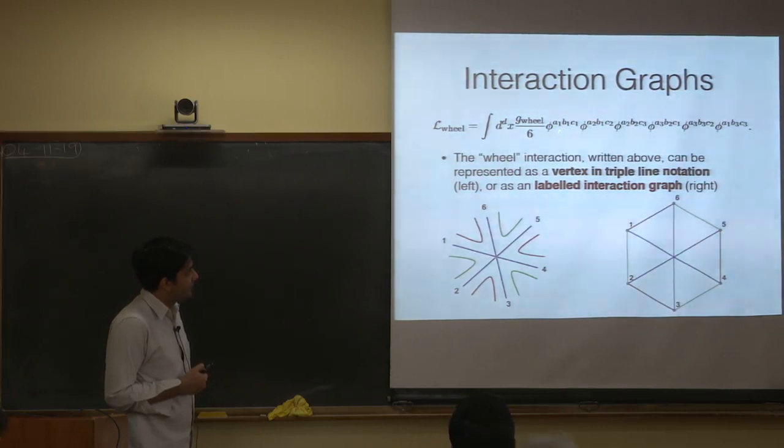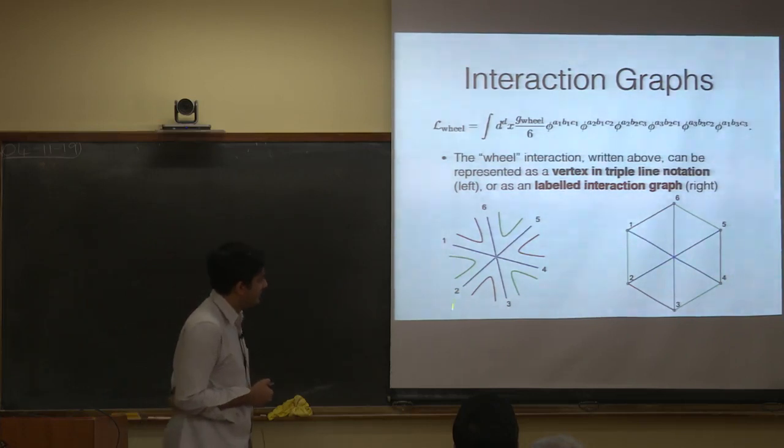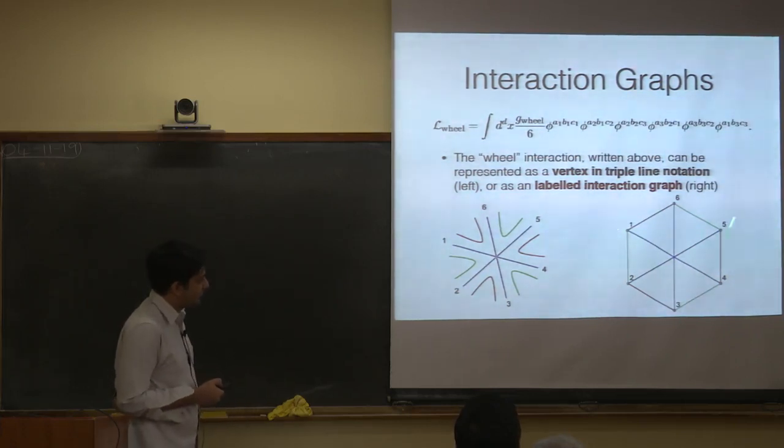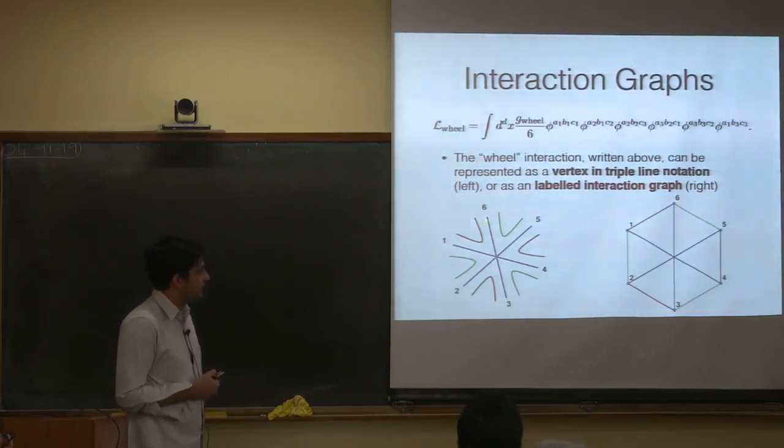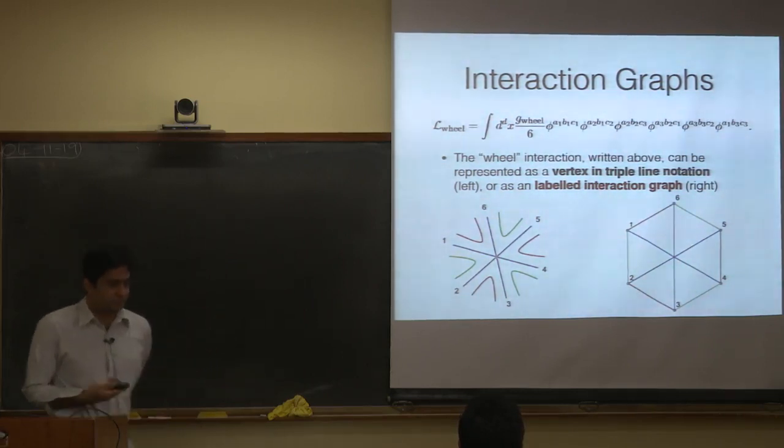If 2 fields are contracted by, say, a B index, that's a green line. If they're contracted by an A index, I drew a red line, and a C index is, say, a blue line. So we represent the index contractions by a graph, where contractions of a given group correspond to a line of a given color. Or you could draw it in a triple line notation, where each propagator is like this. And so these are 2 ways of representing this interaction.